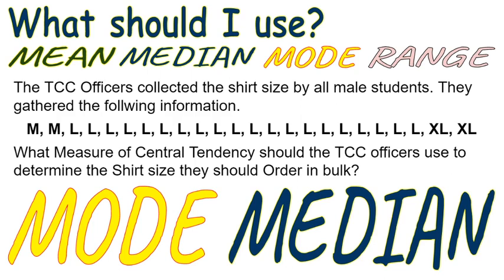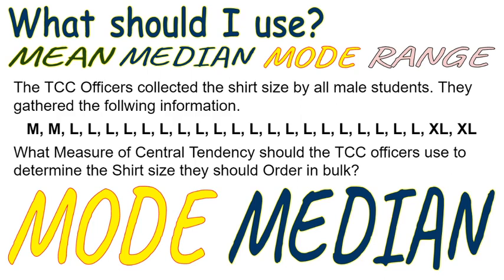However, if you see mode separately, you also see median separately, and you see mode and median, and the question is, what is the best measure of central tendency here, or the most appropriate?